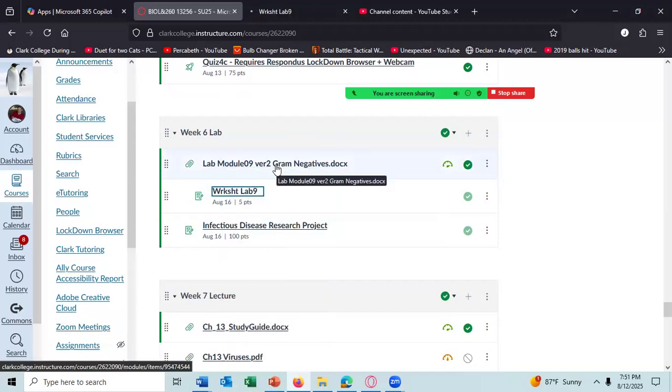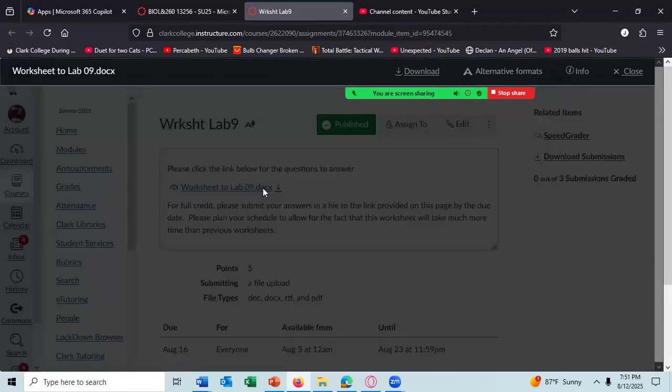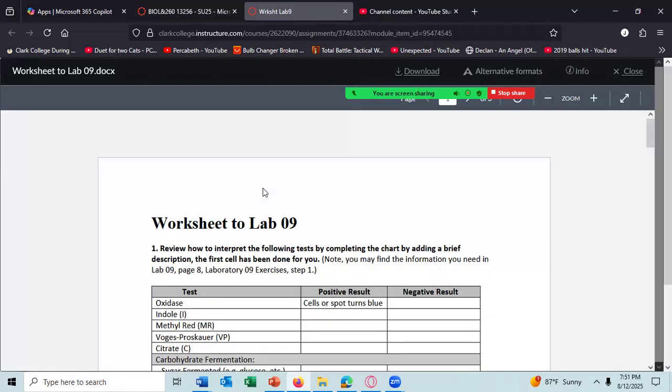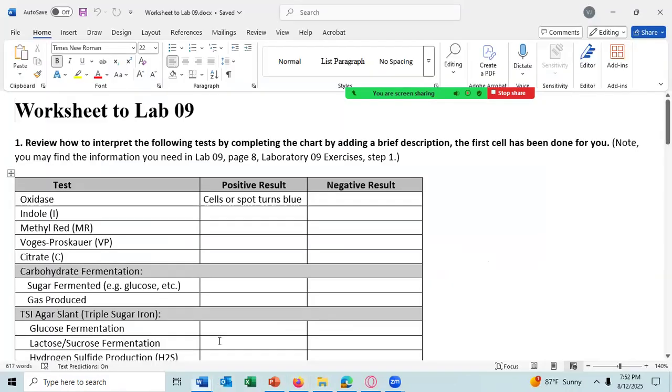Oh, there it is. No, that's the module. We want the worksheet. Oh, there's the table. You need to fill in the table. I'm not sure why I don't have the table on mine. Maybe I'm looking at the wrong one. Yep, I was looking at the wrong one. That's why I didn't find the table.